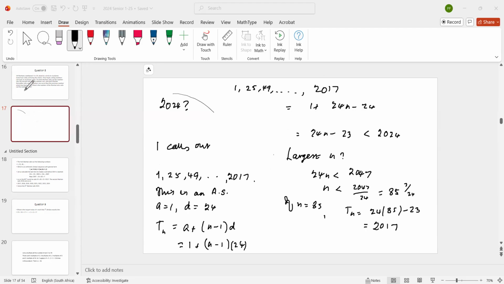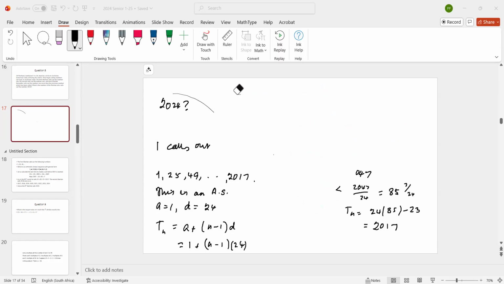So if you want to know who shouts out 2024, you have to go and look at that circle that I had drawn originally, which I took out because I needed space for all these calculations. So one shouts out 2017.